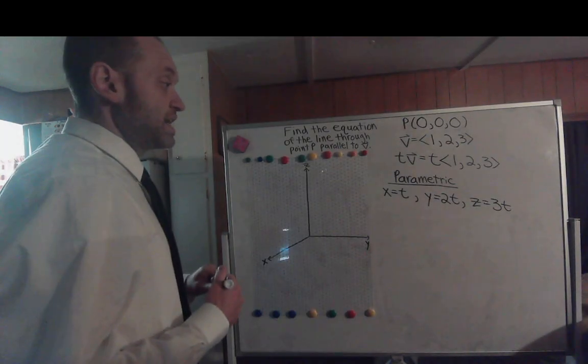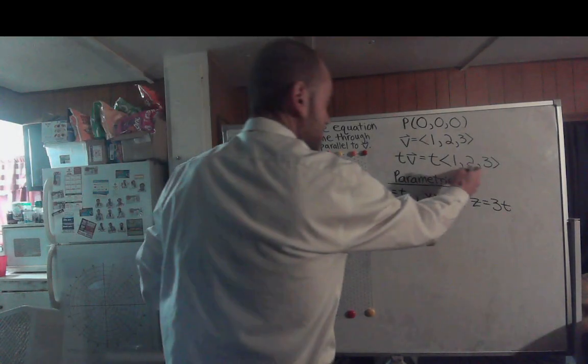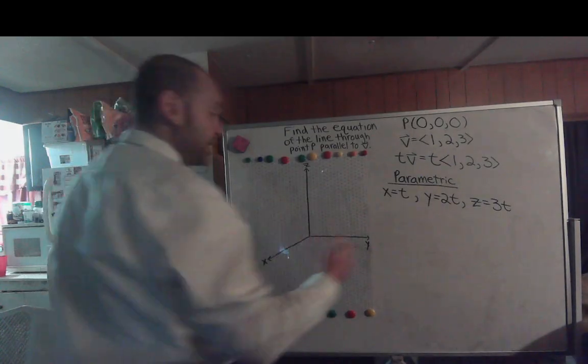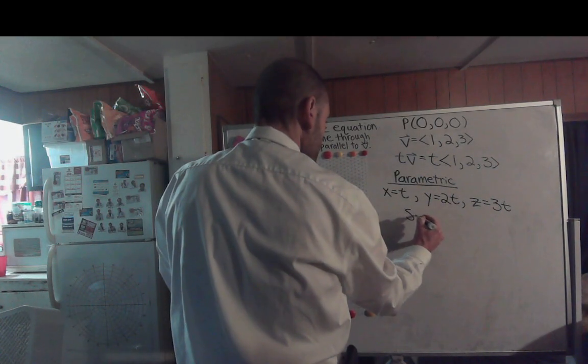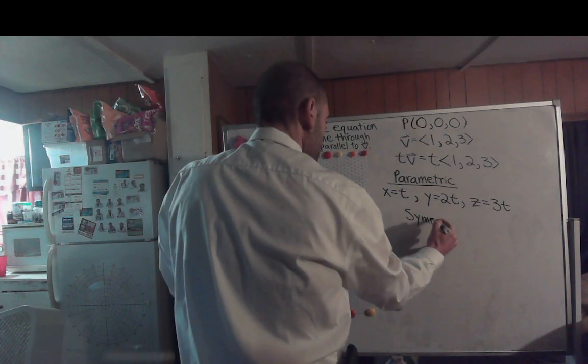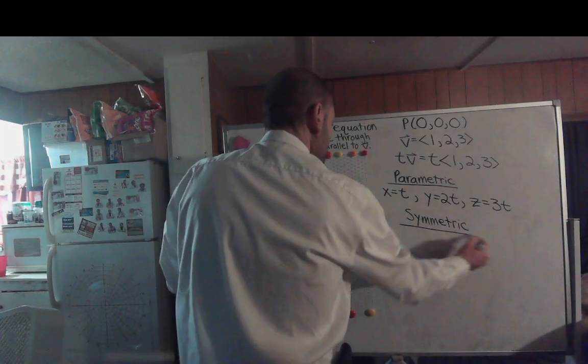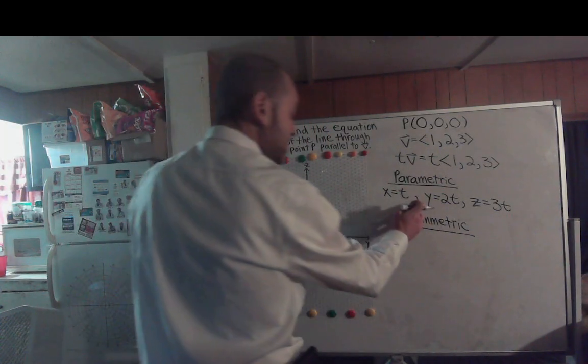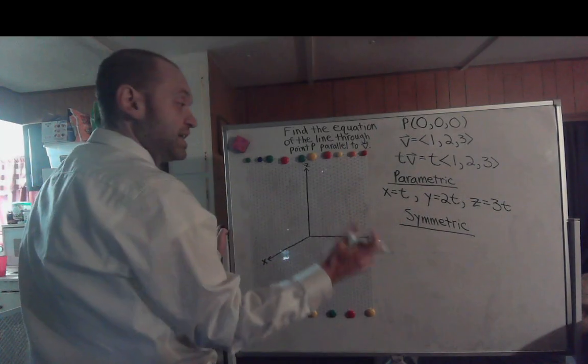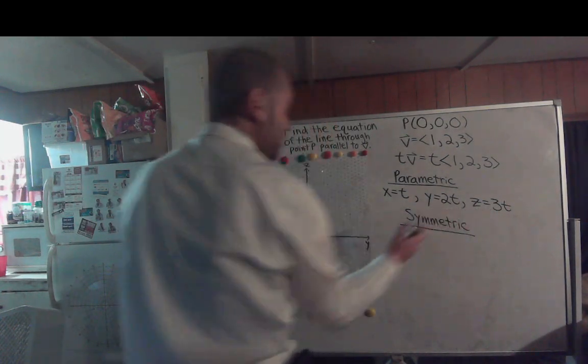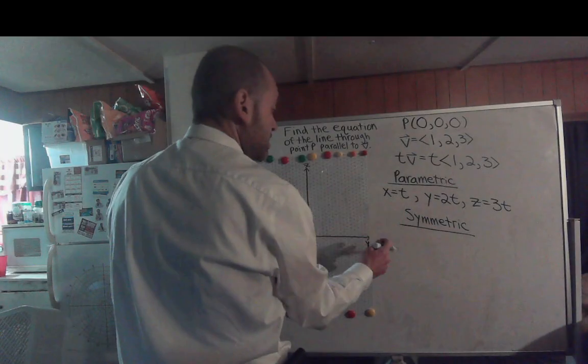Now in this case, all of our direction numbers are non-zero numbers, so we can find symmetric equations. All you're going to have to do is take each of these parametric equations and solve for t.